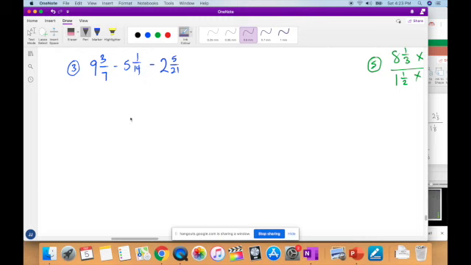Okay, so what to do here first? Change all down to the improper fraction. That is a good strategy. So 9 times 7 is 63 and 3 is 66 over 7, minus 5 times 14 is 70 and that'll be 71 over 14. That's interesting.